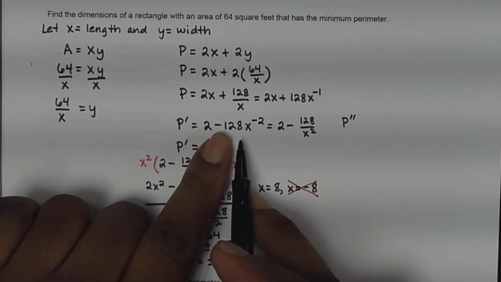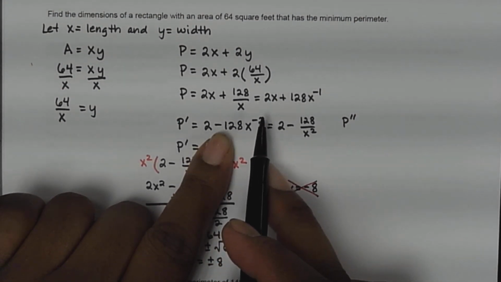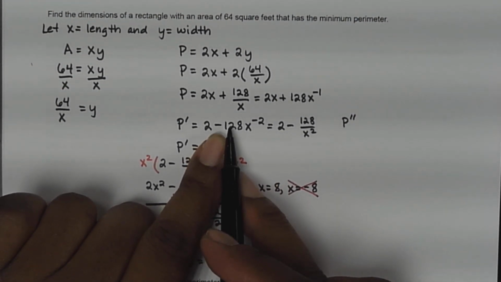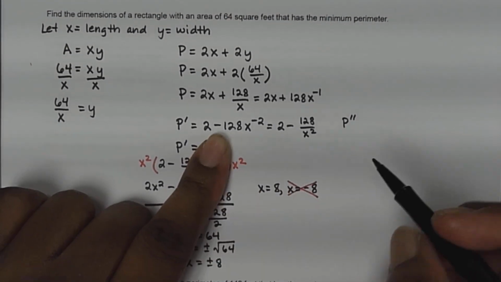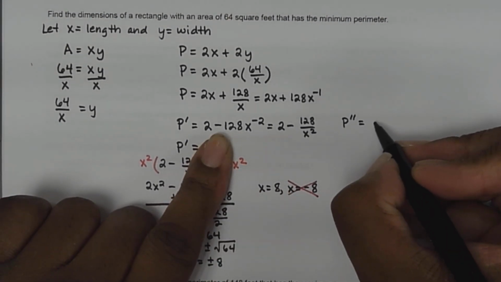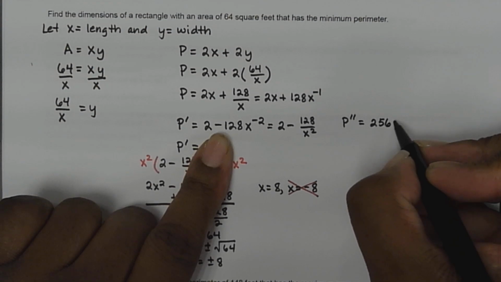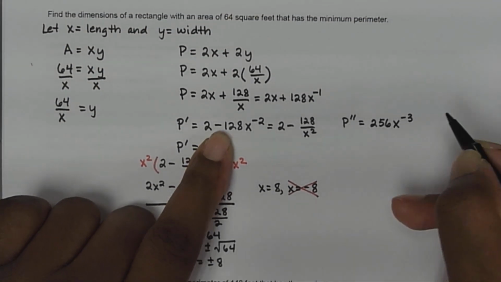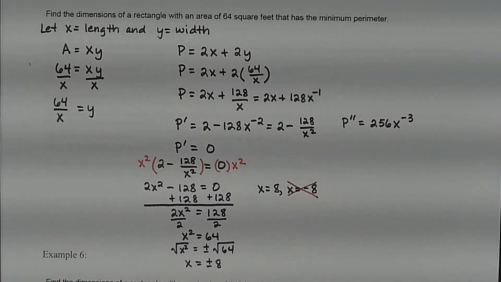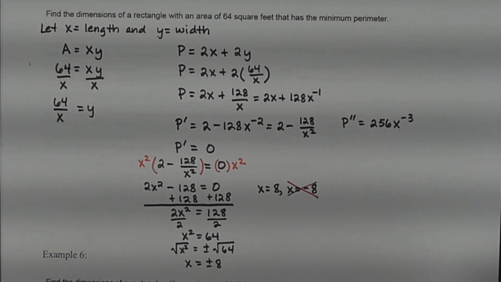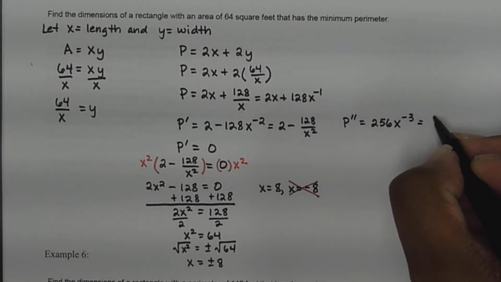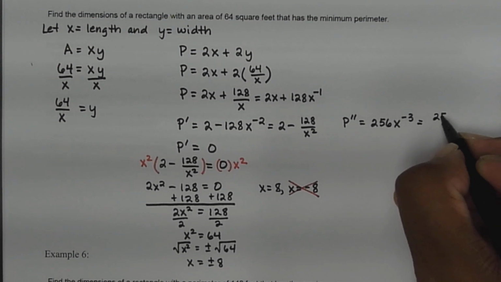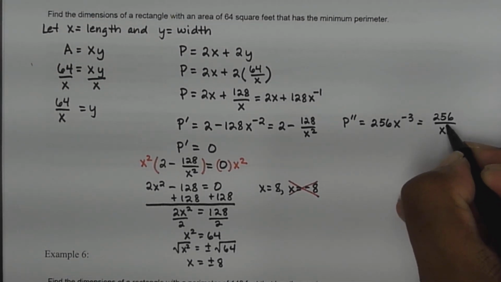The derivative of minus 128x to the negative 2, if I bring that negative 2 down, it'll be negative 2 times the minus 128. That will be 256. Copy the x down to the 1 less power. And I can write that using positive exponents. So it'll be 256 over x to the 3rd power.